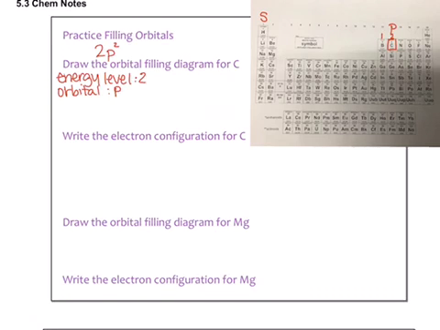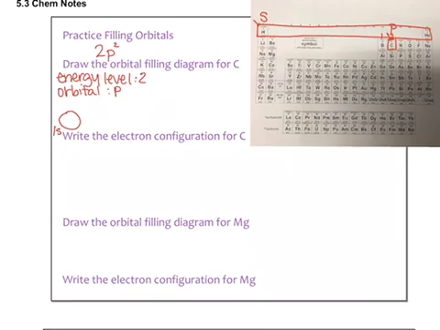To do our orbital filling diagram, we have to work our way all the way from hydrogen down to carbon. And so that means we have our drawn orbital, and this one represents our 1s level, which would be this row right here, hydrogen and helium.